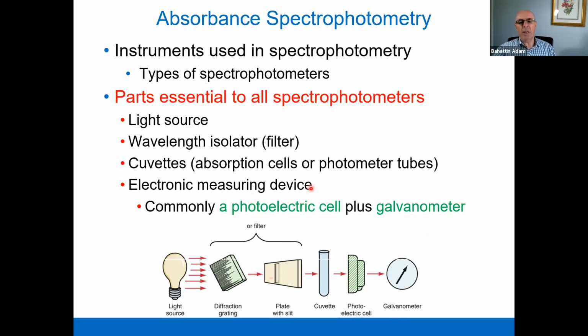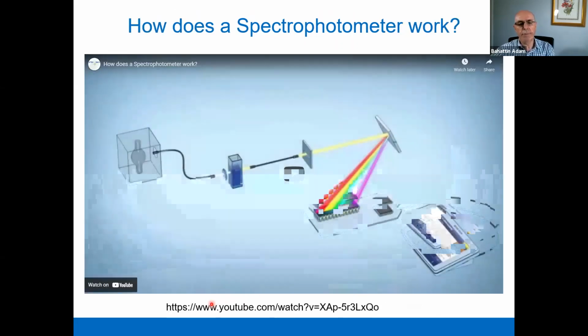These can be photoelectric cells, plus galvanometers in order to increase the signal strength. Okay, let's see how the spectrophotometer works.